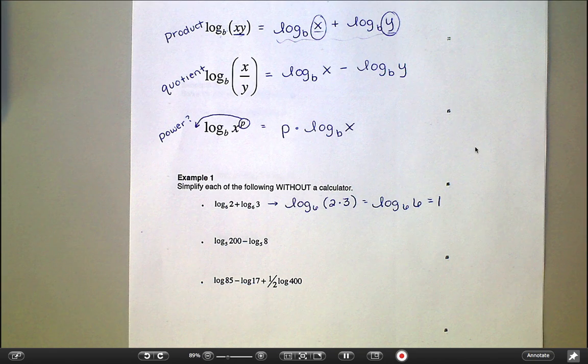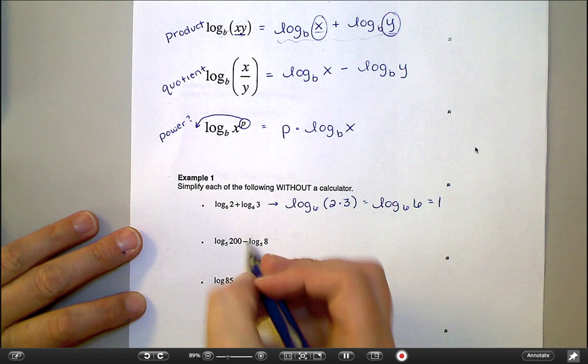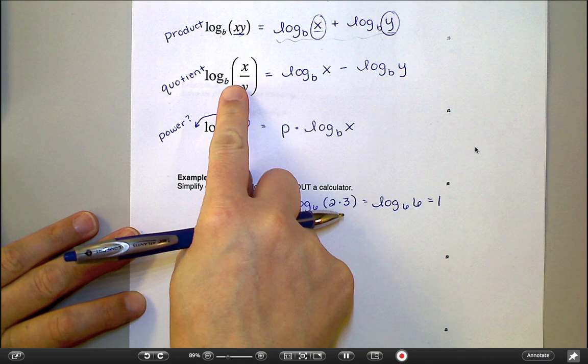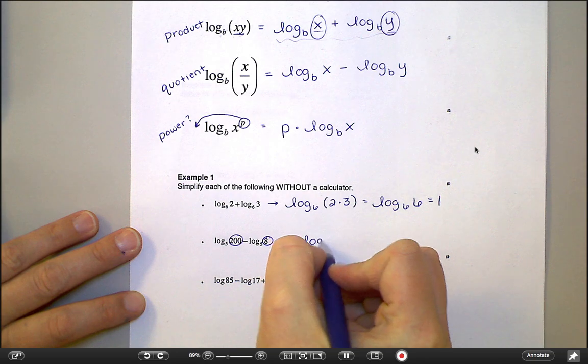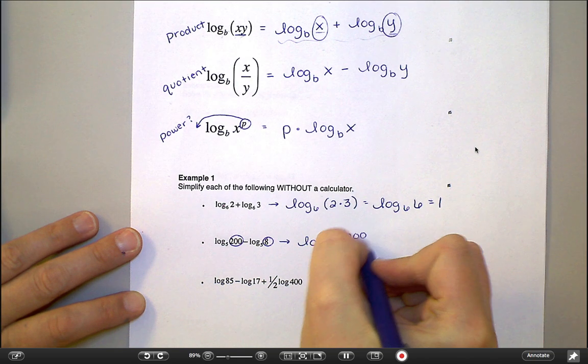Okay? So here where we have subtraction, I can combine the 200 and the 8 using division. So this would become log base 5 of 200 divided by 8.